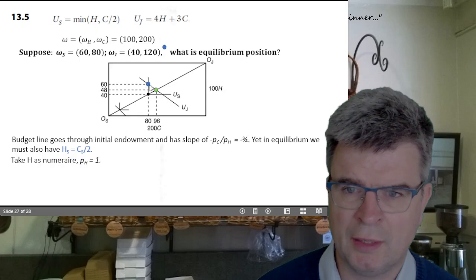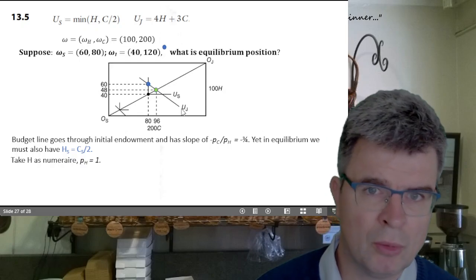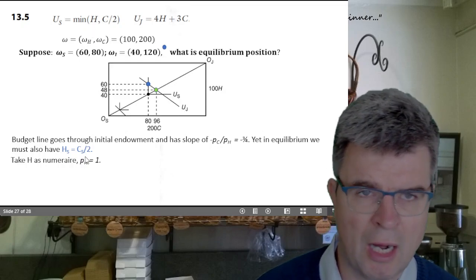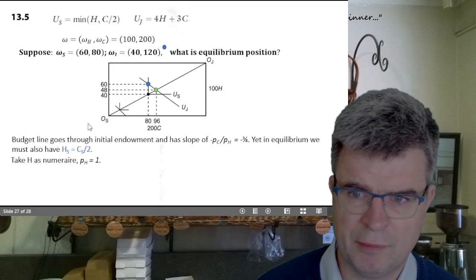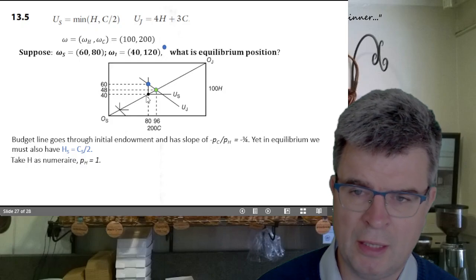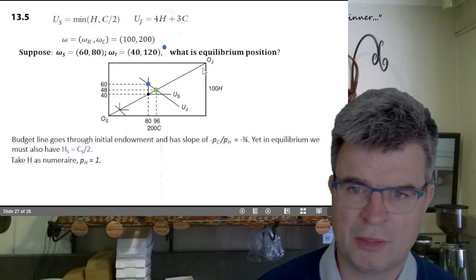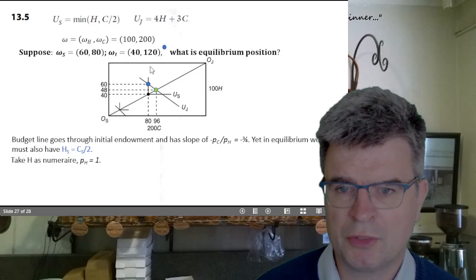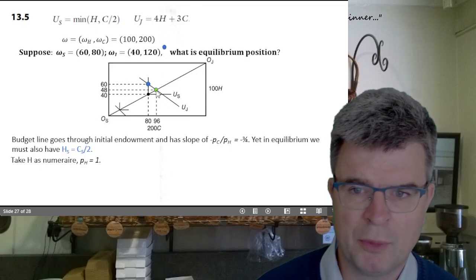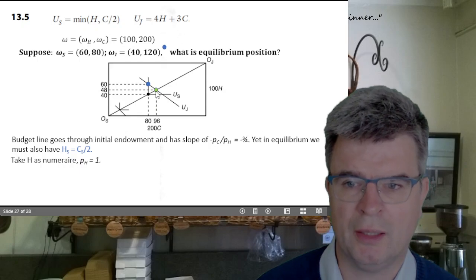So the budget line is the one that is over here. And in equilibrium, we also need to have that Smith's consumption of ham is half of his consumption of cheese. So in equilibrium, the allocation also needs to be on this line over here. Now, there's only one point that is both on the Pareto efficient set and on the budget line, which is the green dot over here.